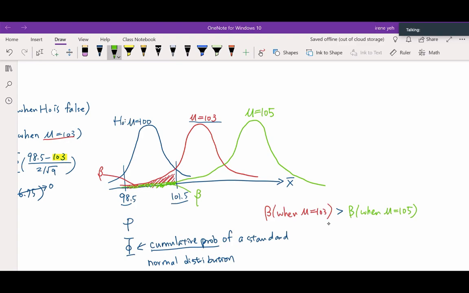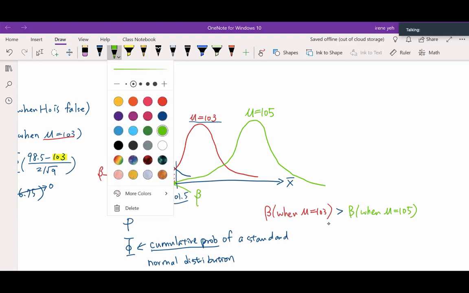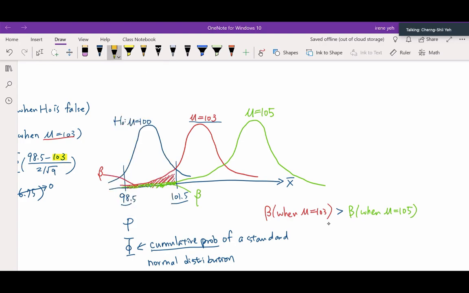Okay, I'm not going to calculate question C. I want you to go back and practice that. Why is it smaller? Sketch your own distribution and see if that makes sense to you. But I do want to discuss the next case. What happens when my population mean is 101?